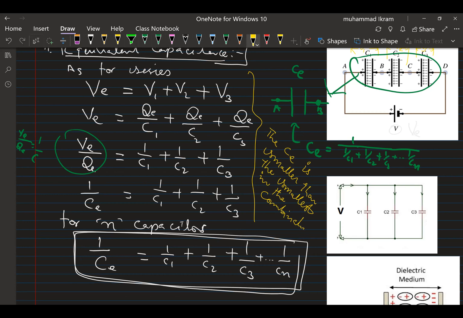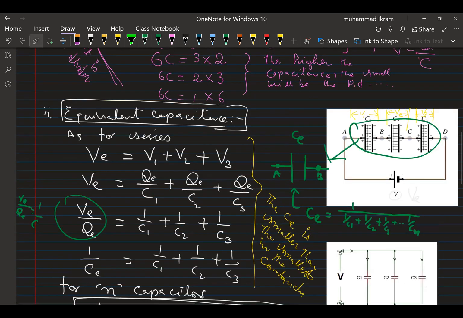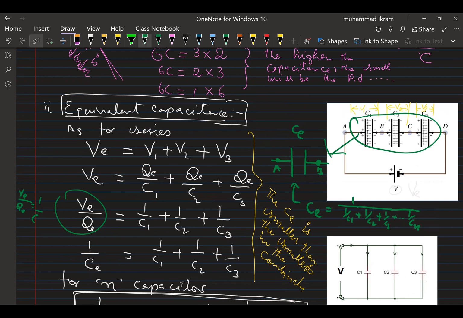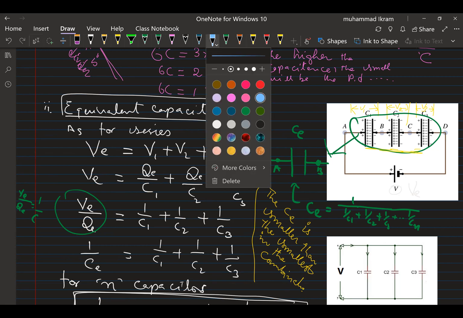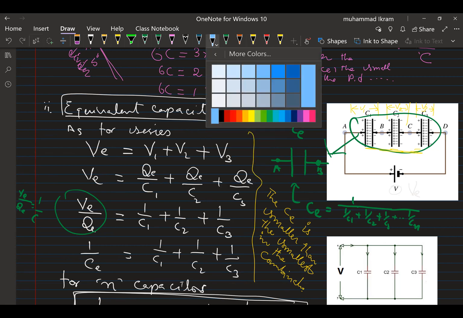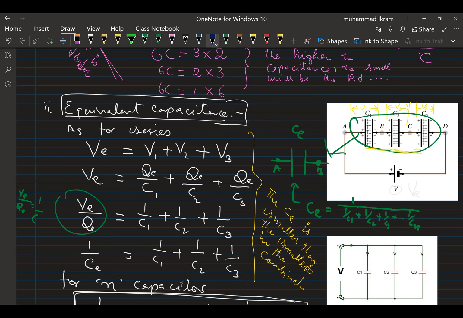Now, why is it smaller? Seeing is believing. Making all these three together, one interesting thing I want to show you: instead of all these three, you remove this and this, and you have one big capacitor.